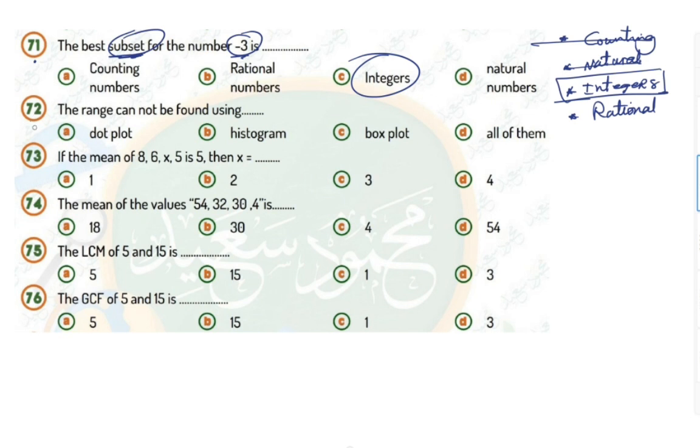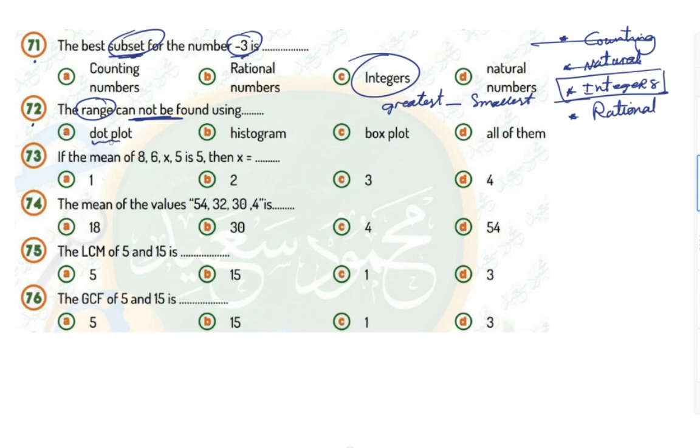Okay. 72. The range. Range is just the greatest minus the smallest. Okay, so it cannot be found using what? Dot plot.